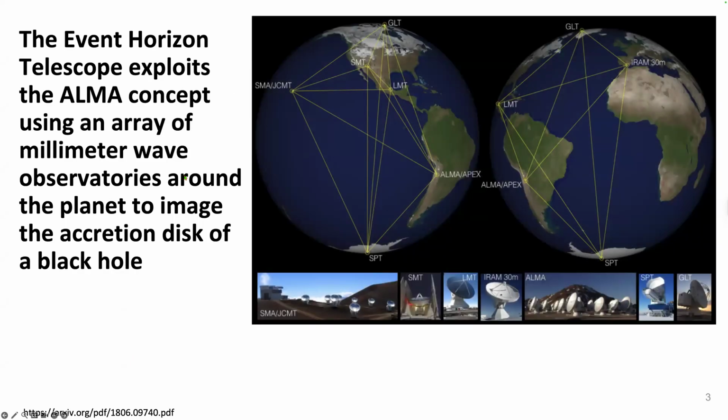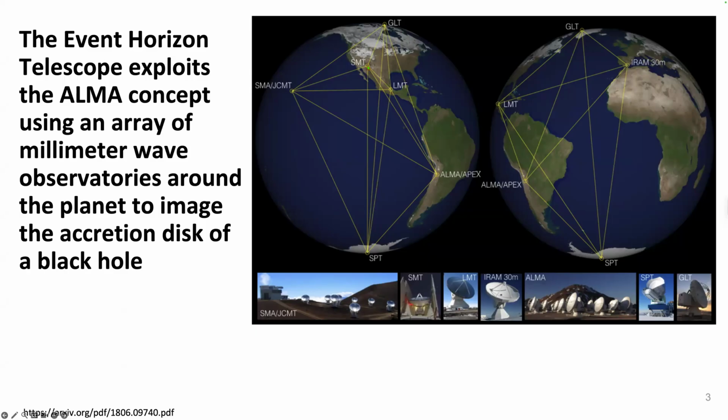The difference for the Event Horizon Telescope is, instead of having a bunch of telescopes all within sight of one another, here we use the entire Earth. So we have the Greenland telescope. These are all millimeter wave telescopes. These are a form of radio telescope, one of which is the big ALMA complex in Chile.